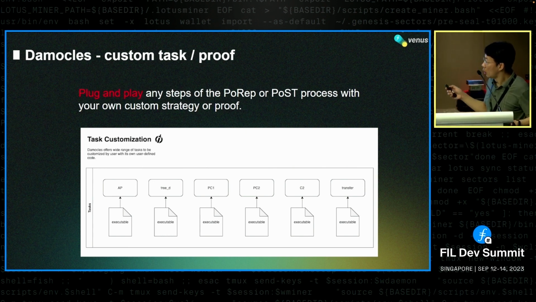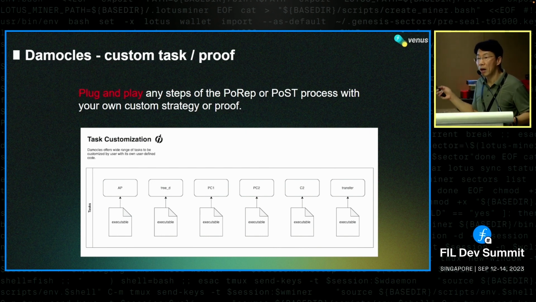So here we could have everything be plug and play. That means, for example, many SPs have their own customized sealing algorithm. They believe the algorithm is very good. They have already run it in the system for a long time. They don't want to change it. So here we have the mechanism.